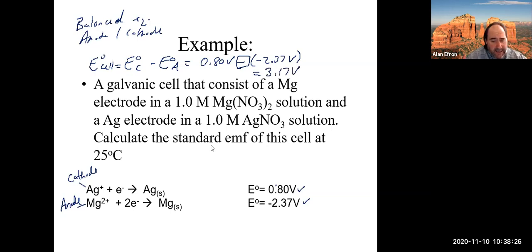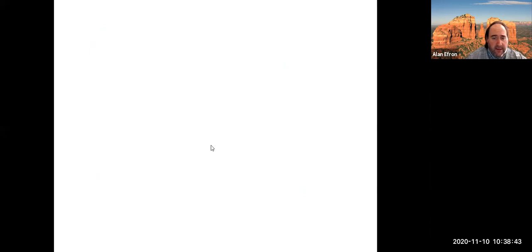Now, you could take a different approach. Since I also asked for the balanced equation here, the magnesium needs to be reversed. If we were to write our balanced equation, our anode would be our magnesium, which would technically be the reverse of the reaction found in the table.